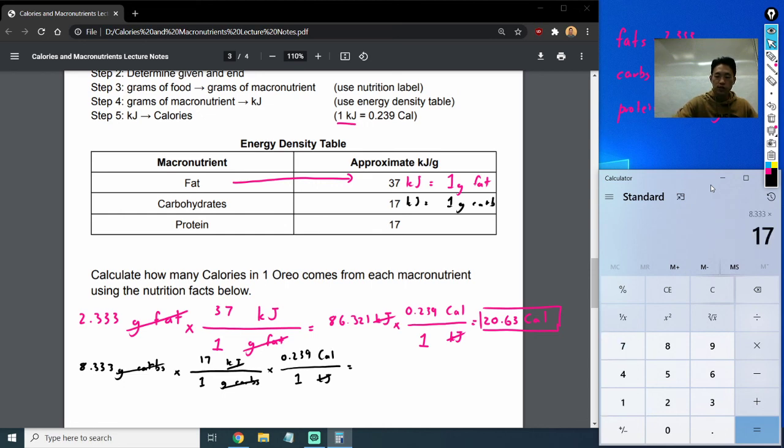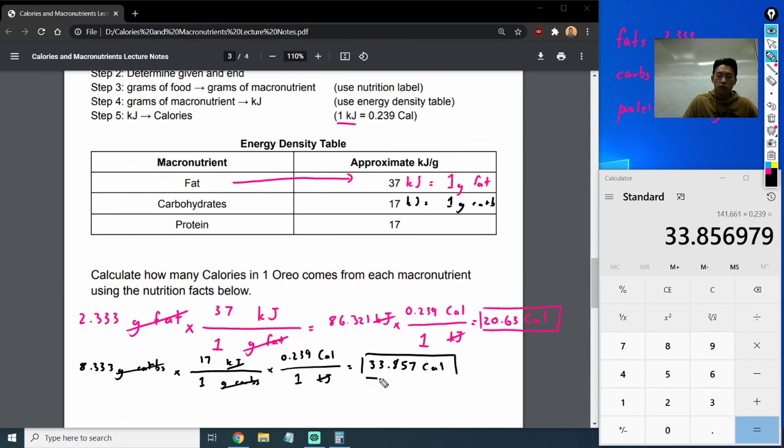So we're just going to multiply the tops, and since the bottoms are just 1, we can ignore those. And so the calories that we get from carbs is 33.857 calories. So when you eat an Oreo, you're going to get 33.857 calories just from the carbohydrates.